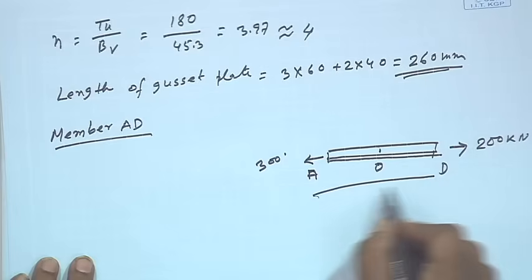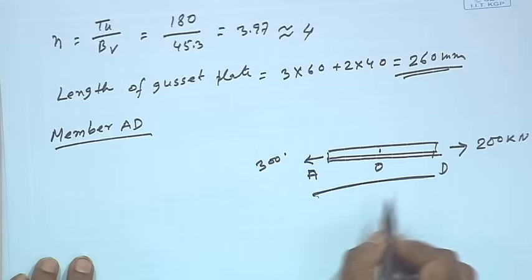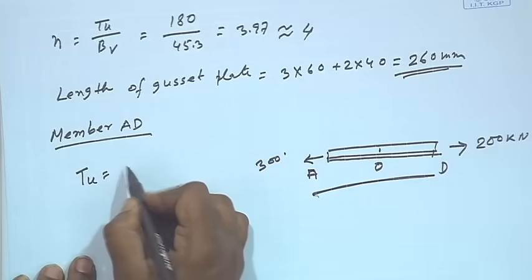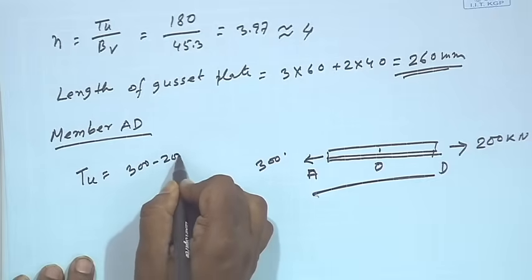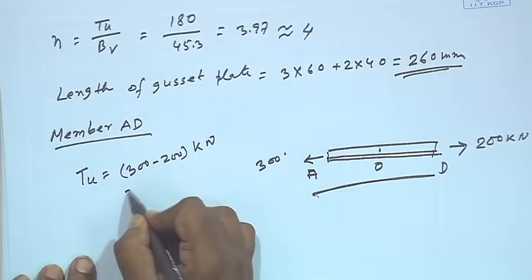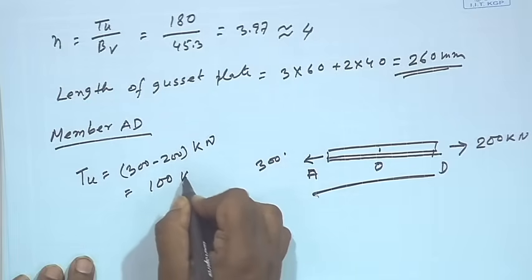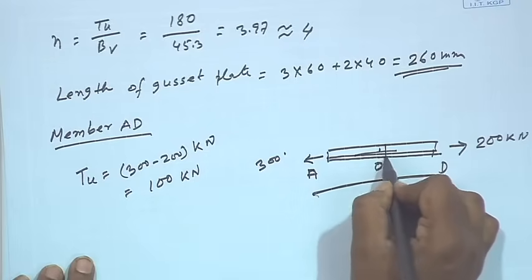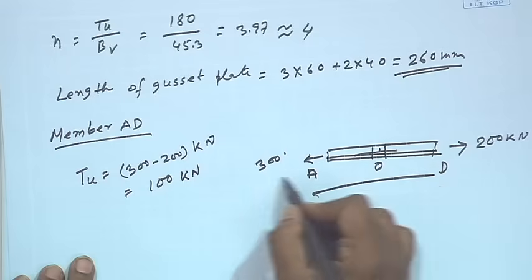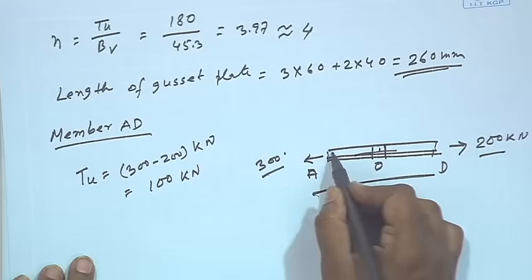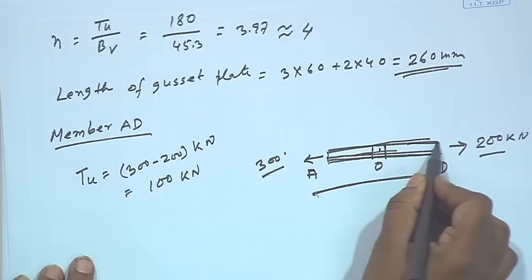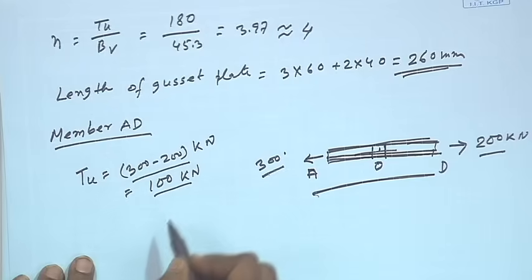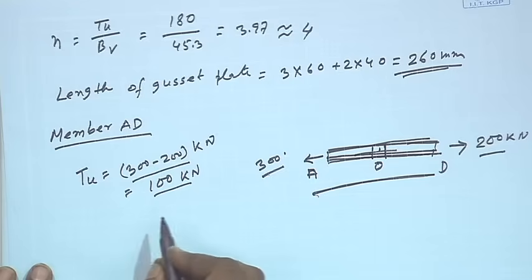If it is a single member, meaning the AD member, then TU will be the net force, that means 300 minus 200 kilonewton. So, in this case TU will be 100 kilonewton, right. However, if two members were connected here separately, then it would be 300 and 200, but as it is acting as a single member, the unbalanced force will be the force acting on the member, that is 100 kilonewton, right.